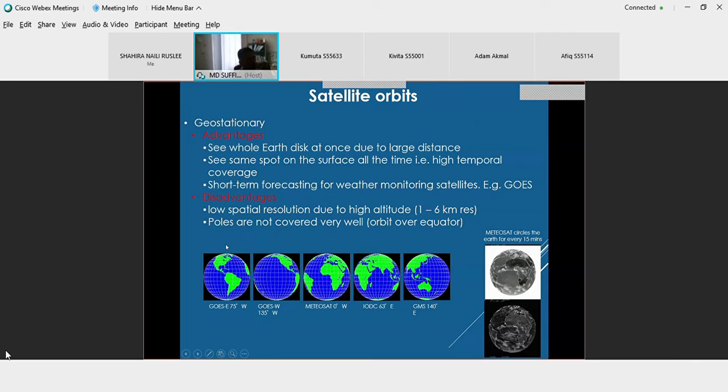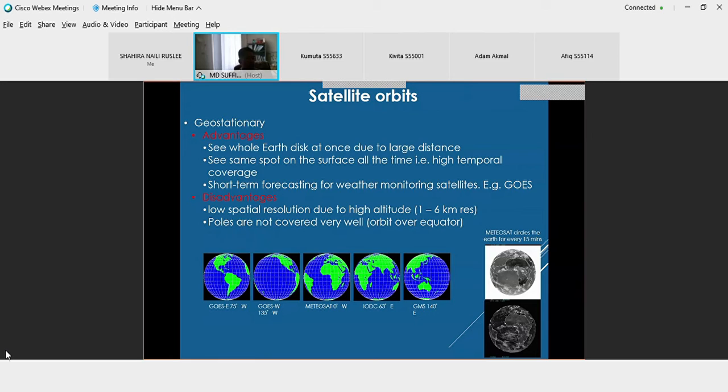Kalau you letak lebih tinggi, you boleh nampak keseluruhan area, tetapi you tak boleh dapat yang belakang. Katakan you nak fokus kepada Atlantic Ocean, you boleh letak dekat kawasan Atlantic Ocean, tapi you tak nampak di kawasan Pacific Ocean. And see same spot on the surface all the time, high temporal coverage.